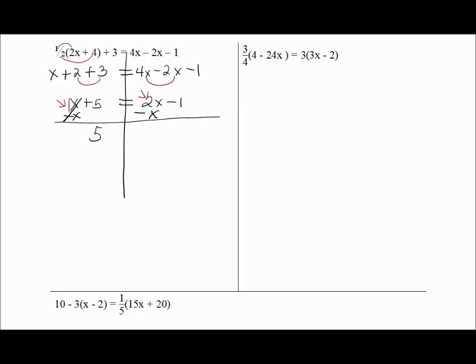On the left, I'm left with 5. 2x minus x is just x. Then I'll bring down my 1. Add 1 to both sides. 5 plus 1 is 6. Bring down my x on the right, and I'm left with x is equal to 6.